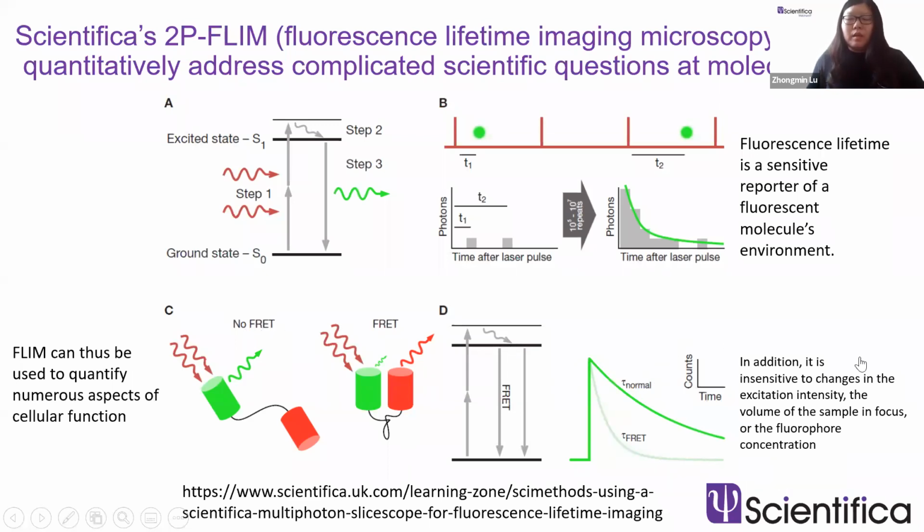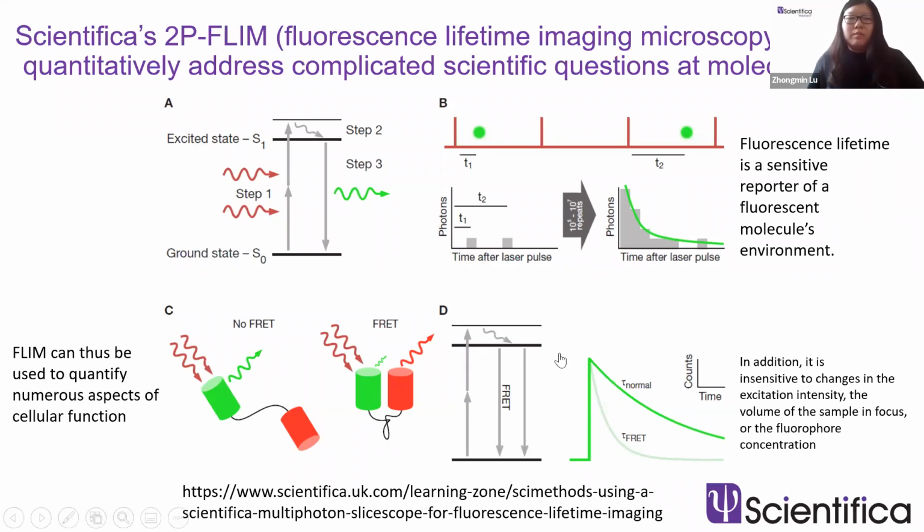And FLIM is insensitive to changes in the excitation intensity, the volume of the sample in focus, or the fluorophore concentration. All these variables you have to consider if you are doing fluorescence intensity based measurement.